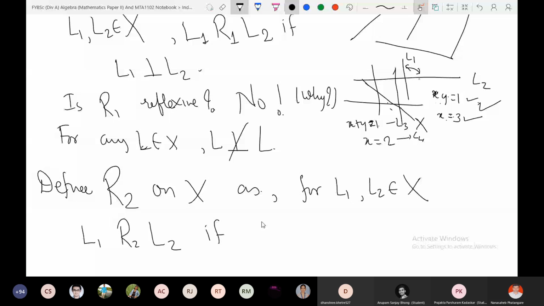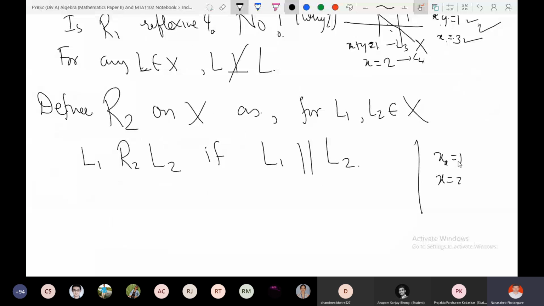Suppose lines are parallel, then they are related. So for example, if I take the lines x equal to 1 and x equal to 2, what are these lines? Parallel lines. So these two lines are related.